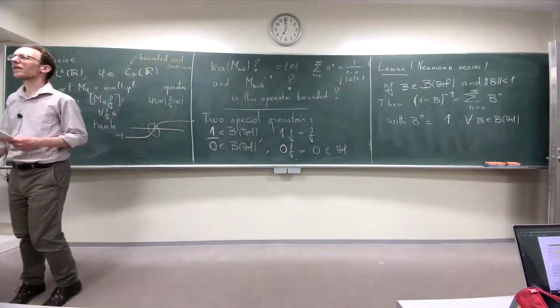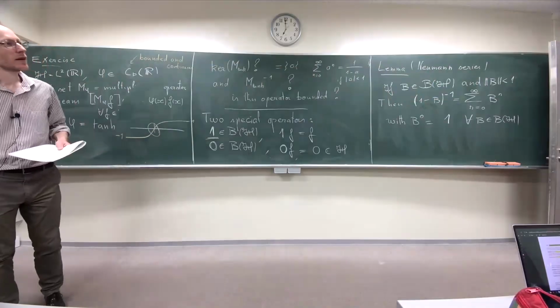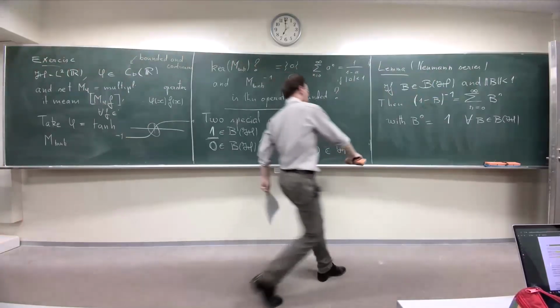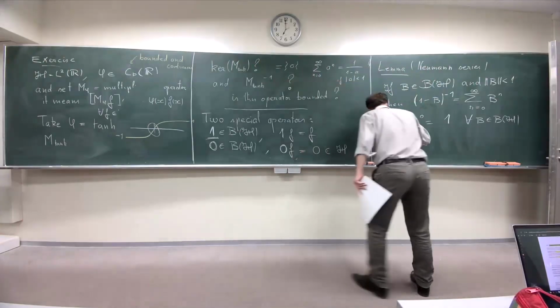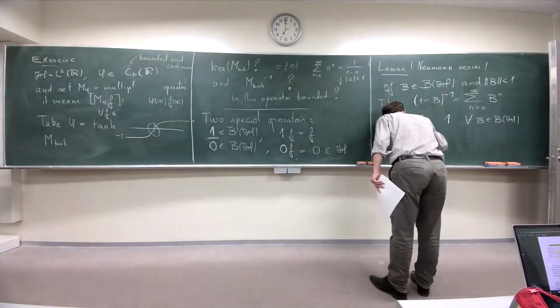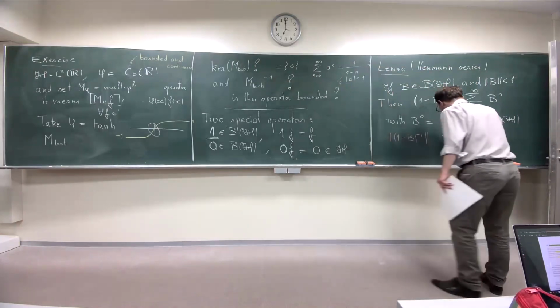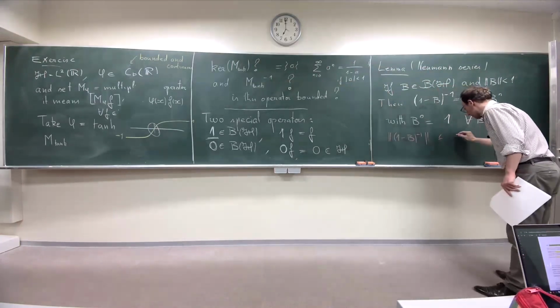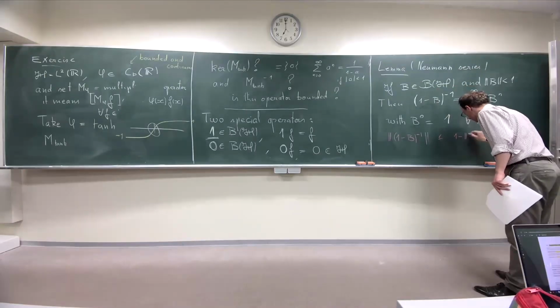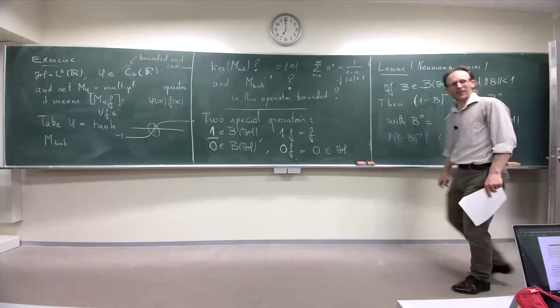Yes. There is even, I think, the norm of (1 minus B) to the power minus 1 is probably, I'm not completely sure, smaller than 1 over 1 minus the norm of B. Theta, can you confirm that this is correct? I think so.